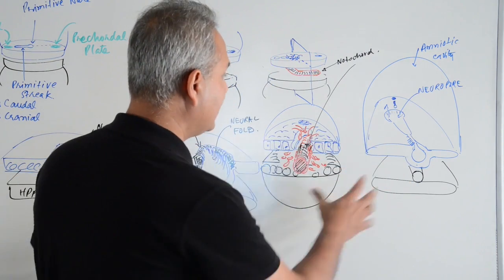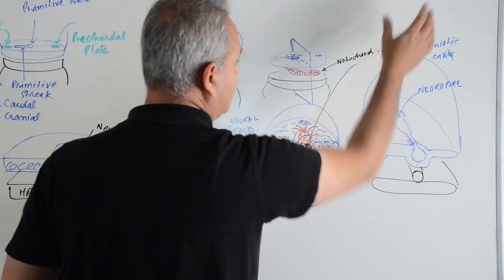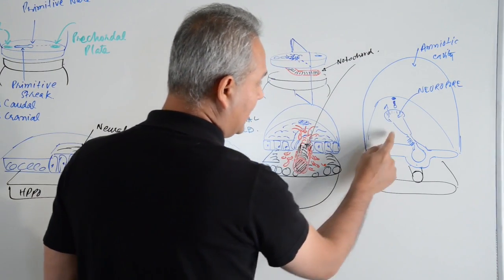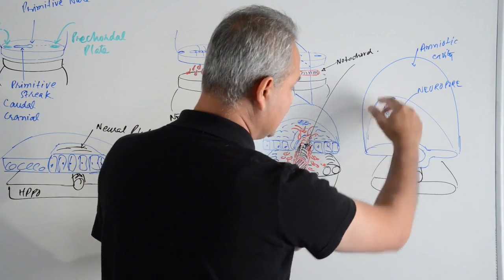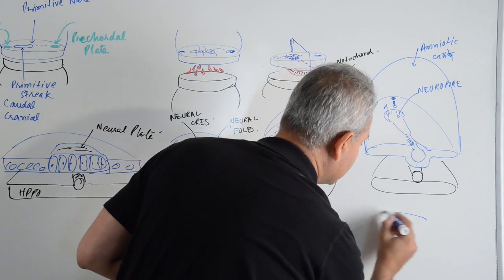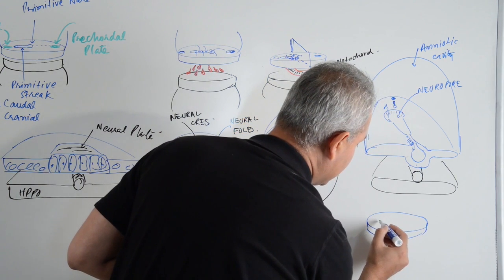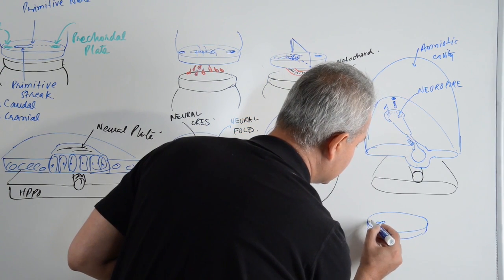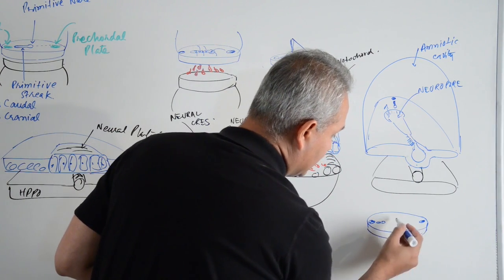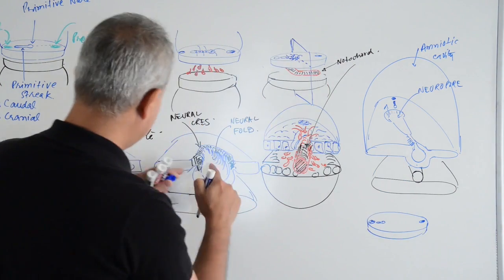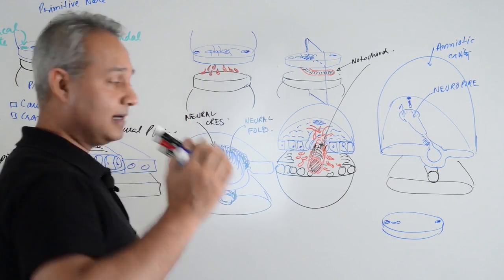So the neuropore, if I make the elongated embryo up here or down here maybe, I want to show two neuropores. So if I make this complete epiblast layer, it would look like this. This layer has the primitive streak and the cloacal membrane, buccopharyngeal membrane. Here was this thickening, the neural plate, which is now folding upwards.